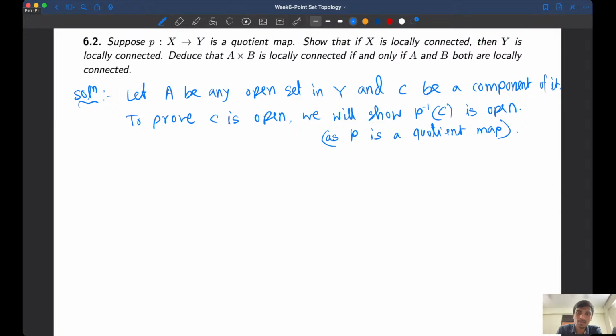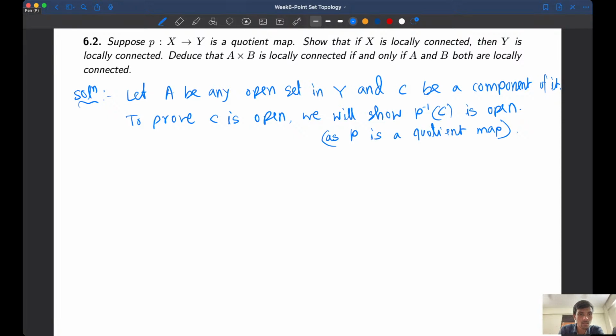Okay, so again this idea is almost the same. I'll show that this is a union of its components and each of these components is open. So basically first I should start with A, because A is open in Y, I know, so P inverse A is open, so the components of that I can talk about only because X is given to be locally connected.